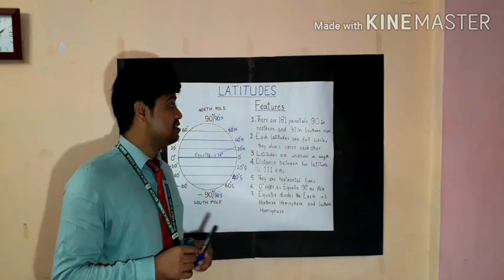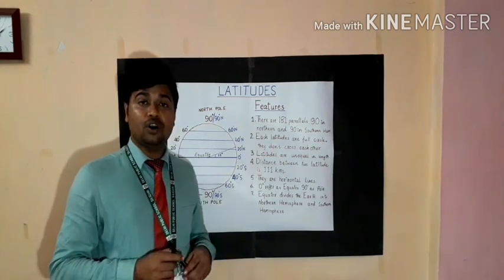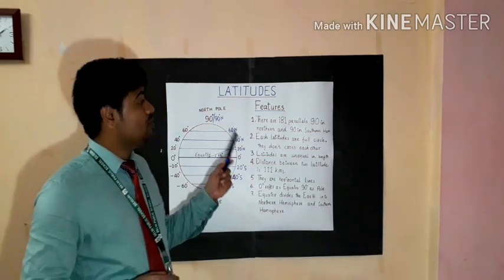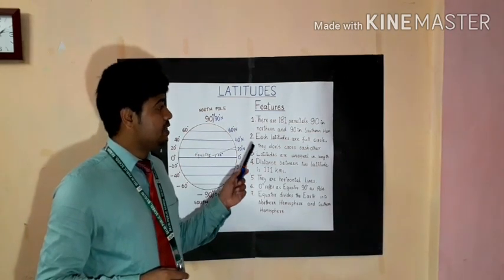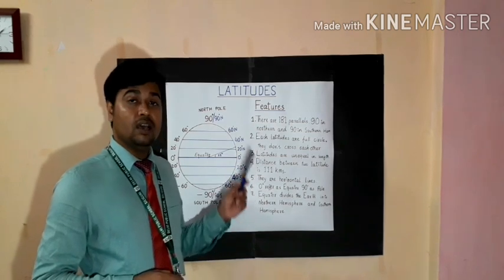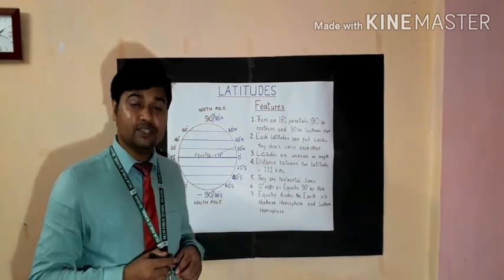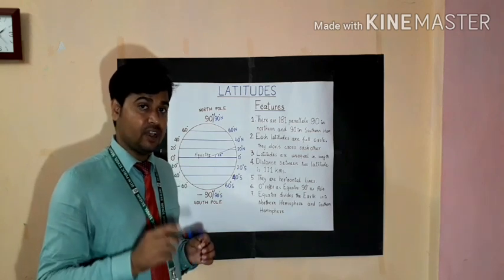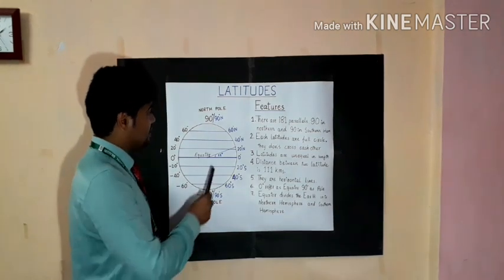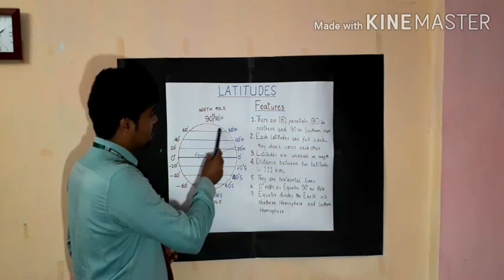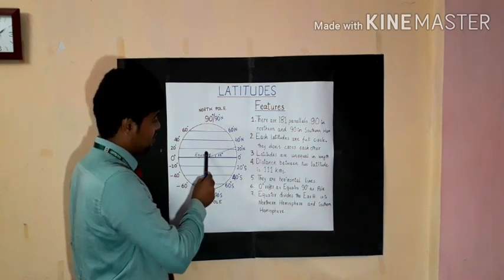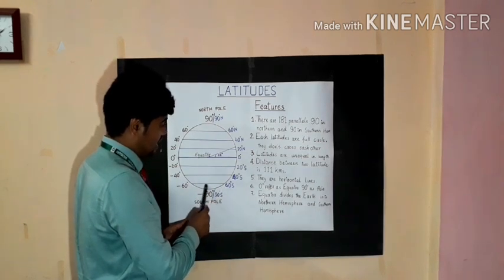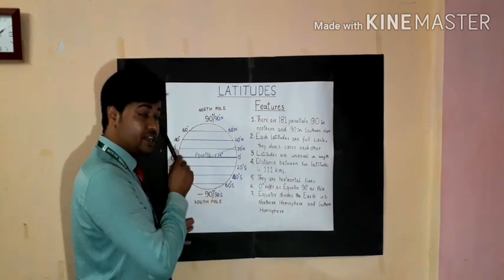Now let's discuss the features of latitude. Number 1, there are 181 parallels, 90 in the northern hemisphere and 90 in the southern hemisphere, and the equator. So you can see here 90 parallels of latitude are in the northern hemisphere and 90 parallels of latitude are in the southern hemisphere.